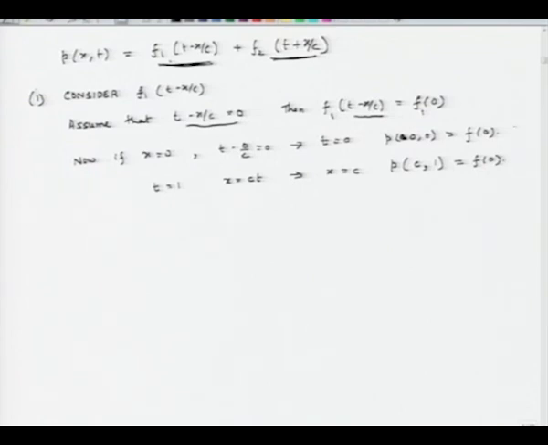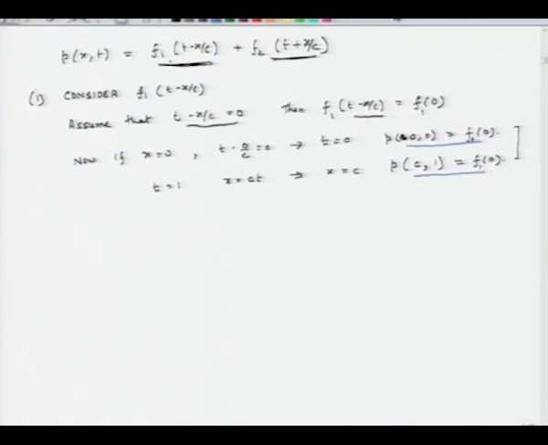So, consider these two relations. What these two relations are showing is that at the instant when time was 0 and x was 0, the value of pressure was f1 of 0.